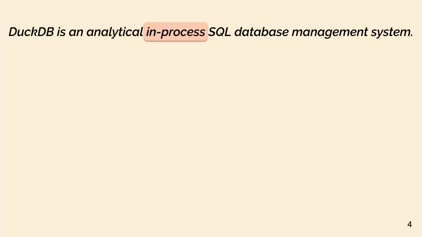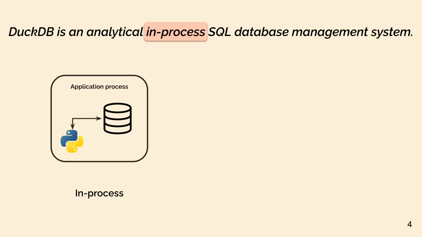So what does it mean when I'm talking about in-process? Well, that's something that's sitting in the same application process space as your Python application. So in-process means running your application not as an external process, but actually within the same process space. There's no client, there's no server, there's no network. We're actually talking about a SQL engine that is a library within your application, and it's part of your application context.